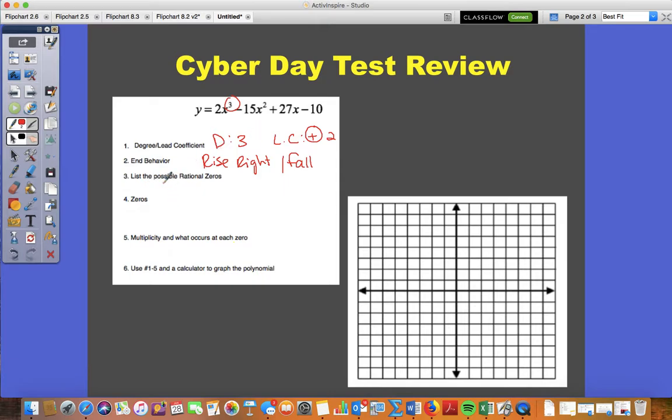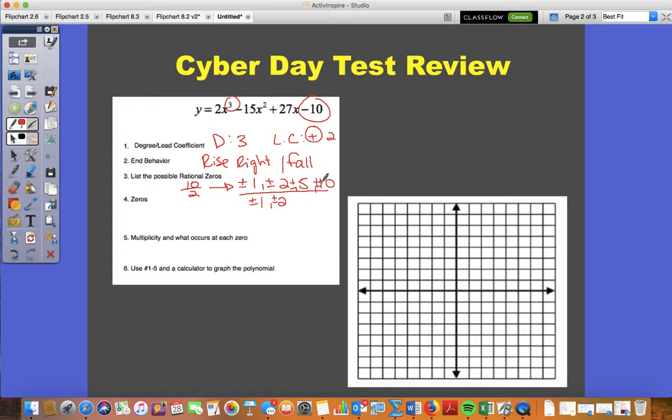The possible zeros, a little different here. Last over first, so this would be 10 over 2. So the possible zeros are plus or minus 1, 2, 5, and 10, all over 1 and 2, plus or minus on all these, okay?